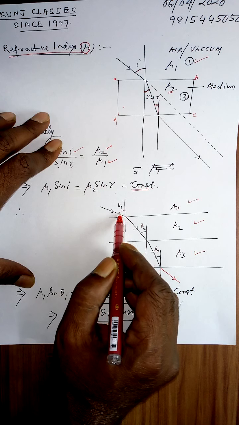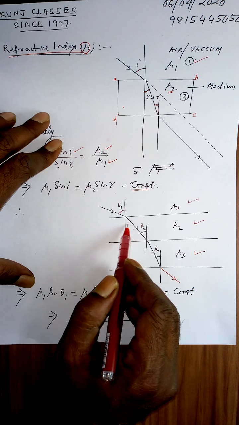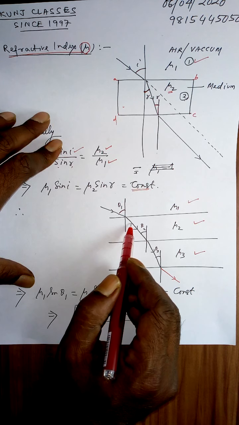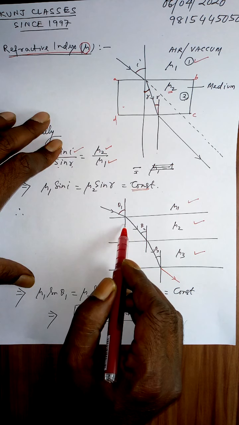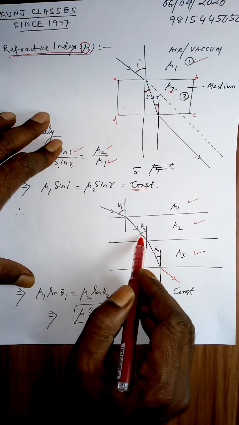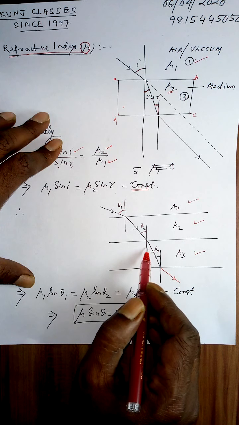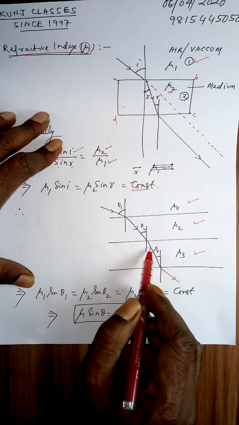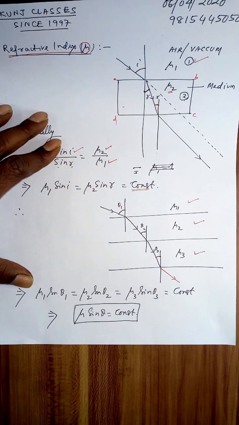So let this be theta 1. This angle is the angle of refraction, which I have not mentioned here, and this will be equal to this also. Let this be theta 2. Now this will be different than theta 2. Let it be theta 3. Since this is theta 3, this is also theta 3.